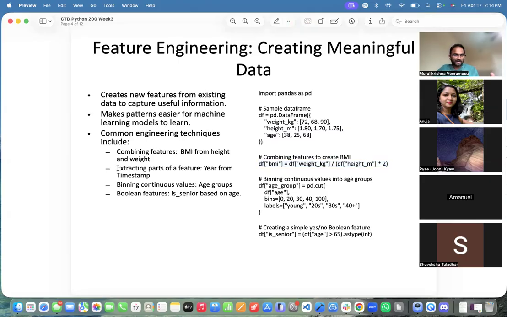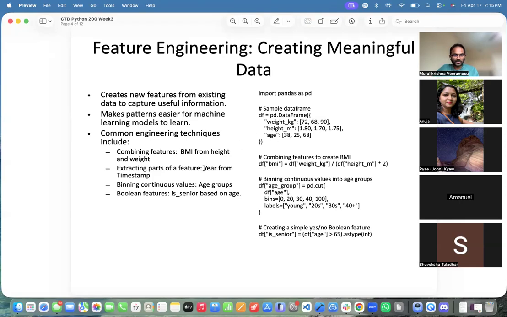And the second technique in feature engineering is extracting parts of the feature. Let's say you have a date in the data frame, but you want to create a new feature which tells the day for that date. Let's say the date is April 17, 2026, but you want to create a new feature which says the day as Friday, right?